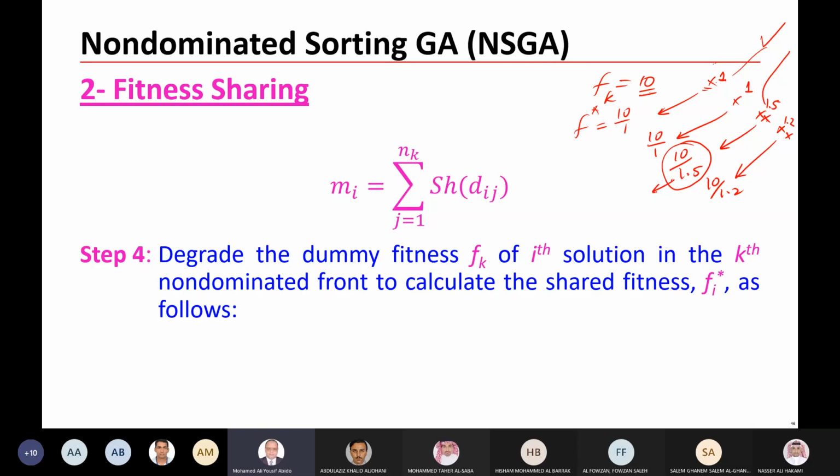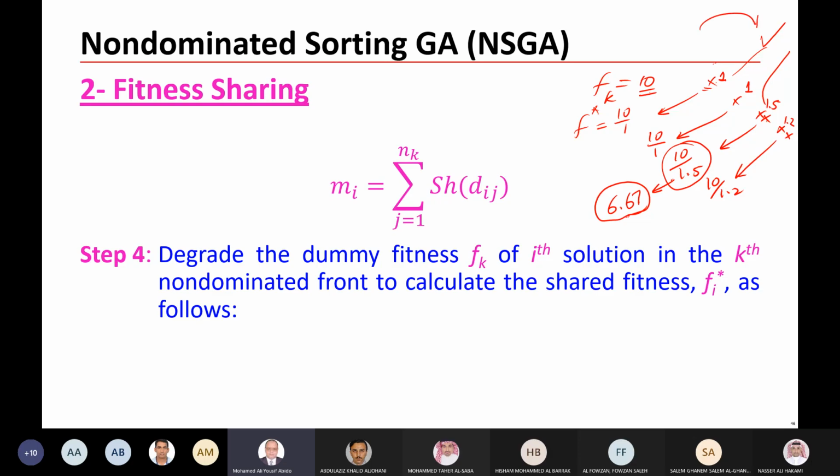This fitness will be the minimum: 10 over 1.5, which is 6.67. So this is the dummy fitness for this front. This is the minimum value of this front.